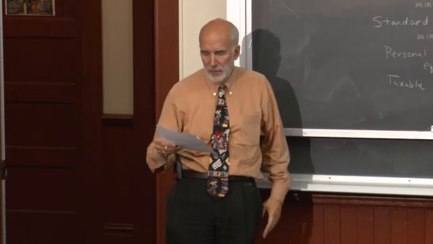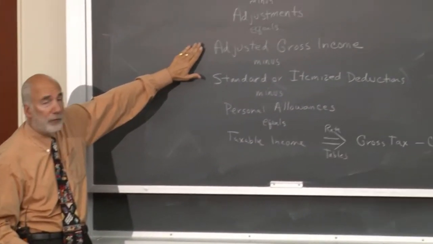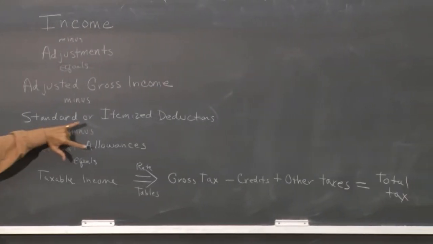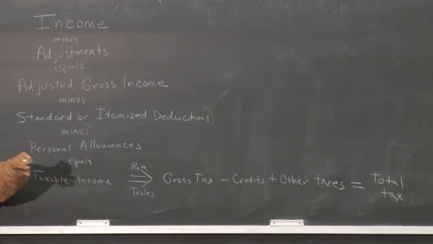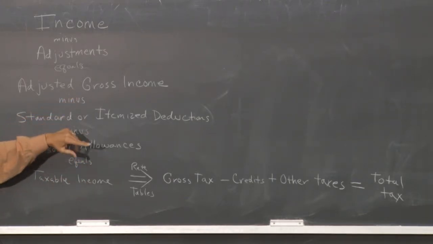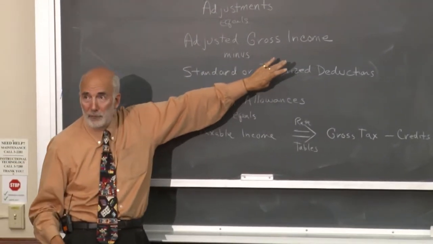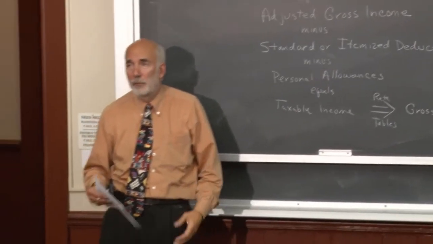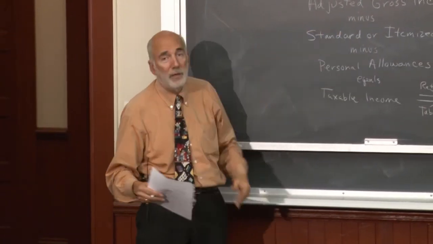Another piece of it is the higher this number, the lower your itemized deductions and personal allowances will be. There is a point where the adjusted gross income begins to eat away at these other items. Anyway, that is adjusted gross income, or AGI for short.